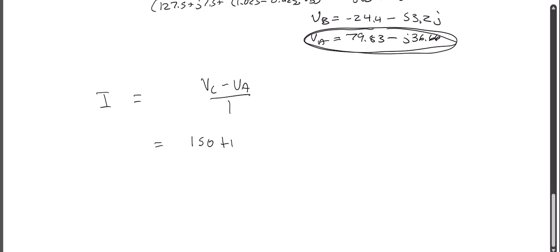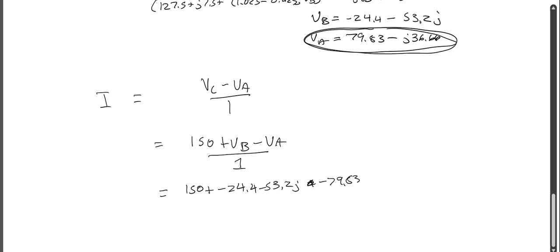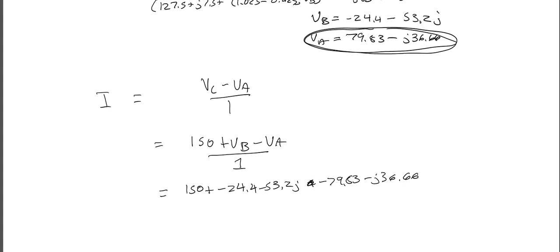So (150 plus VB minus VA) over 1, which is 150 plus (minus 24.4 minus 53.2j) minus (79.83 minus j36.66).